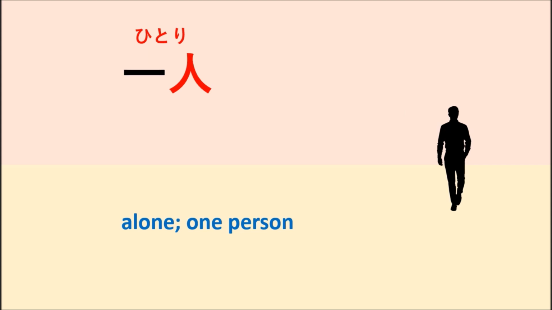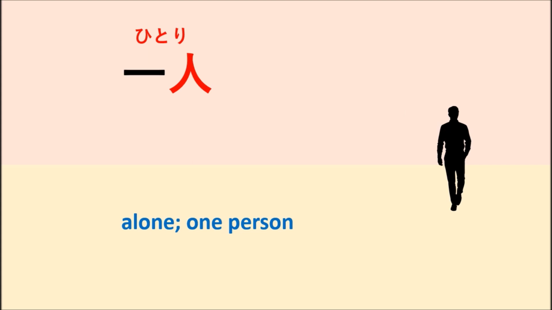And this is also a special reading: hitori. Hitori means alone or one person. So you can say hitori de gakkou e ikimasu, which means I go to school alone. Here we have the kanji ichi, which means one, and the second kanji hito, which means person.